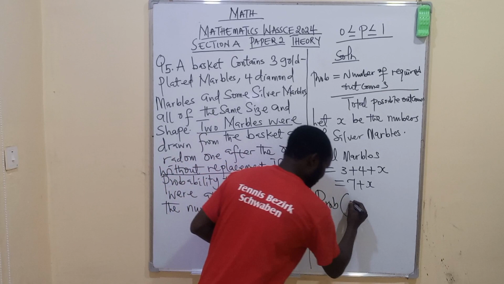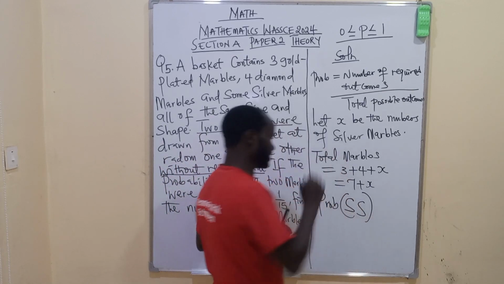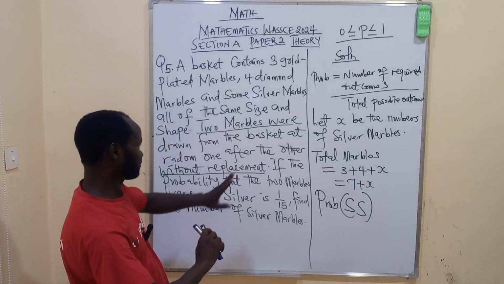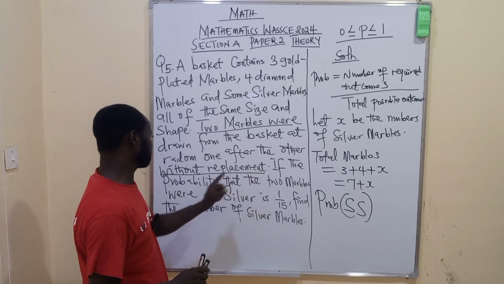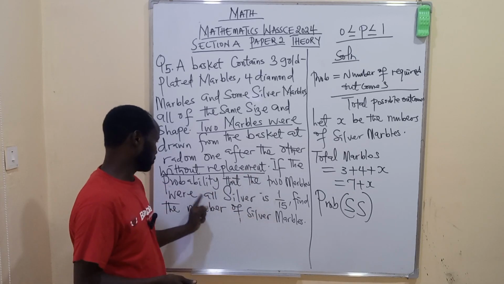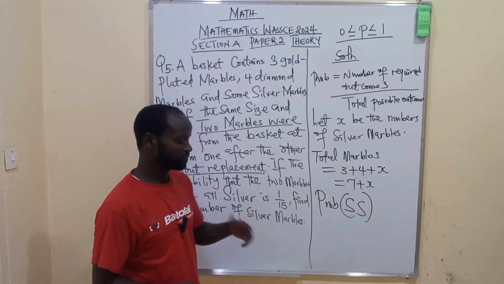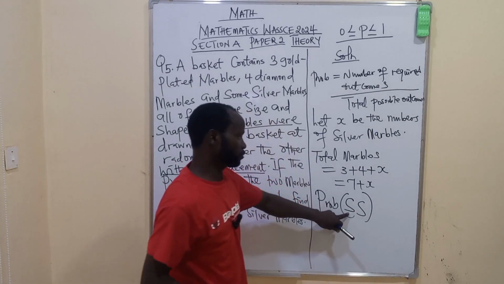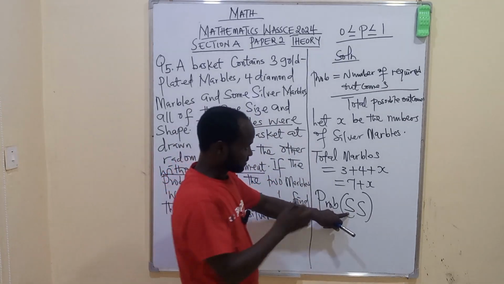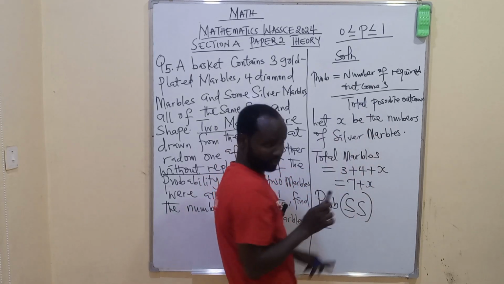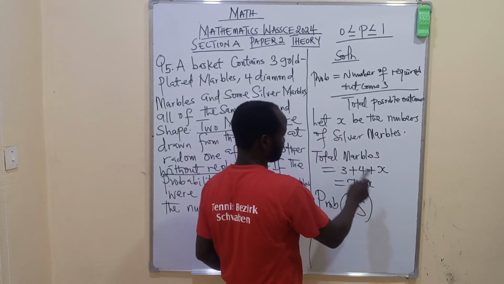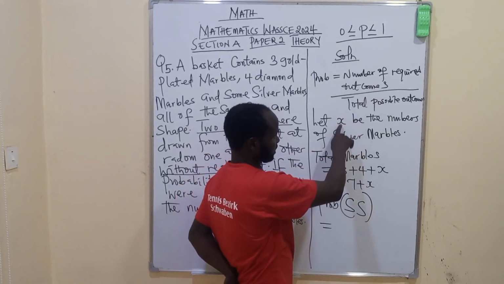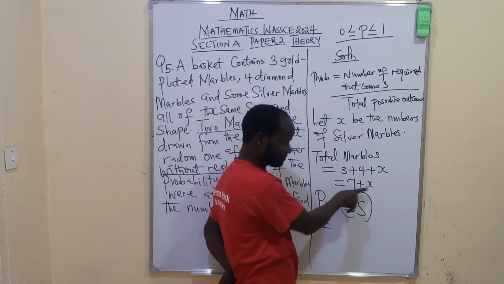Two marbles, and all are silver. Let's represent it as SS. So we are looking at the probability that both marbles drawn are silver. The probability of picking the first marble silver will be x out of 7 plus x, because the required outcomes are x and the total possible outcomes are 7 plus x.